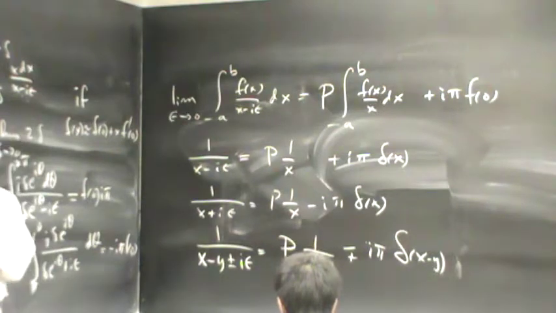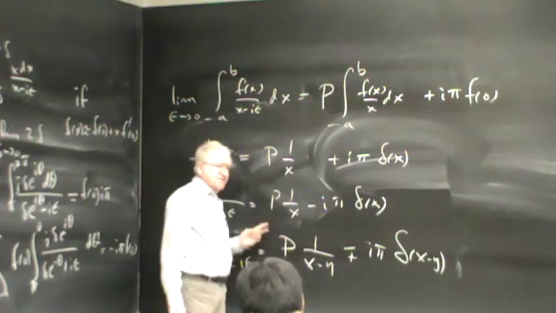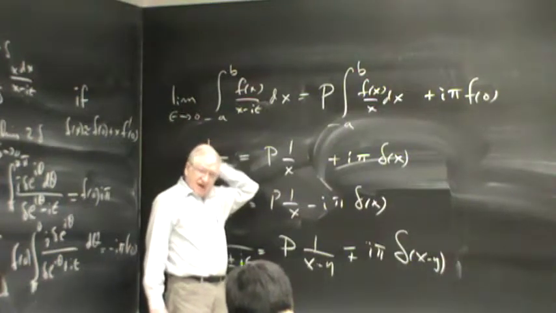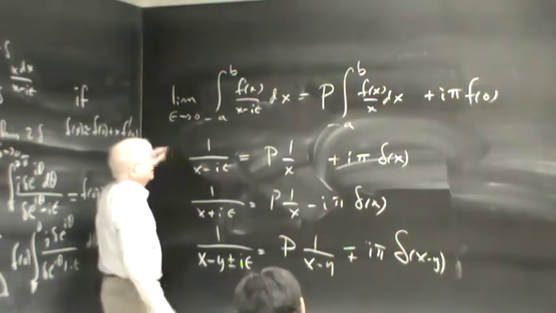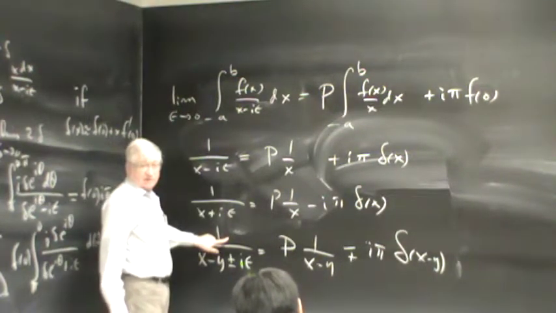Now, I urge you to think about this and make sure you understand it, because it's something that we use in physics departments a lot. And in fact, instead of writing it that way, we normally just throw it out this way.